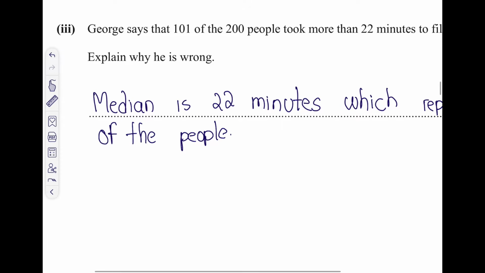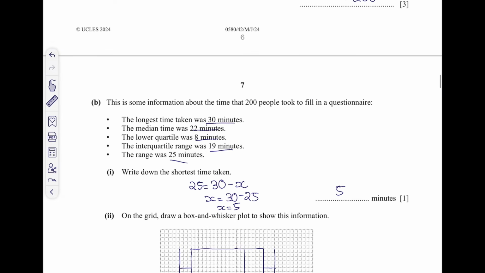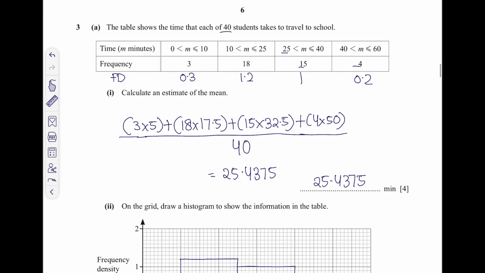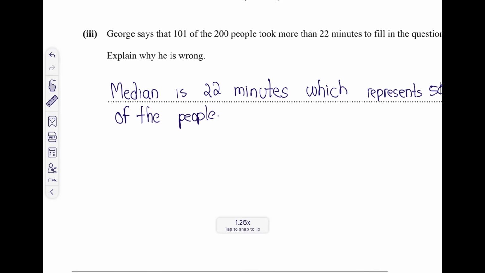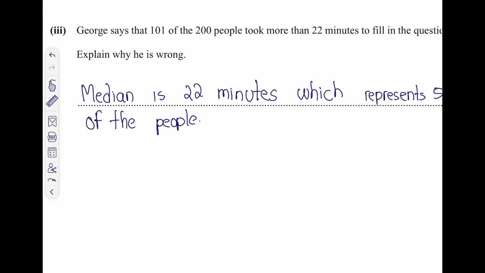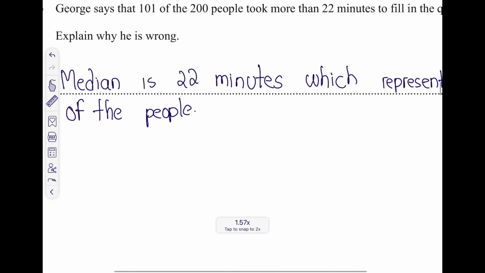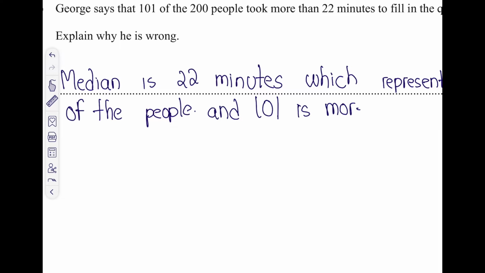Alright, so if you had said that 100 out of the 200 people took more than 22, then I would indeed agree with him, because the median is 22. That means the remaining people took more than 22. But if it says 101, then it's excluding that one person. Median means 50% of the people, and 101 is more than the 50% which you're trying to represent.